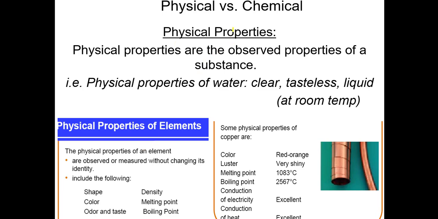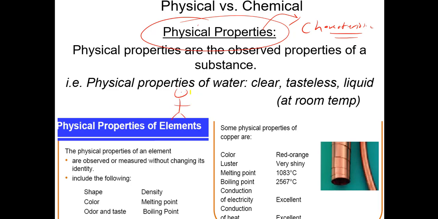Another definition, physical property and chemical property. Physical property, completely different type of definition. It's all about the characteristics. So one characteristic of me is that I have brown-black hair. Another characteristic of me is that I'm short.